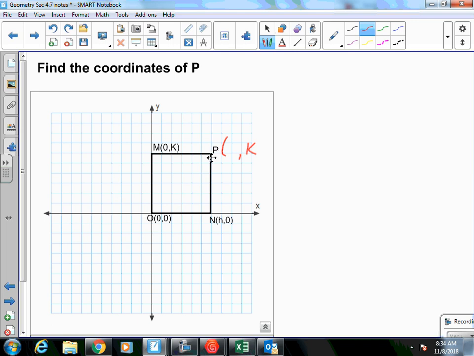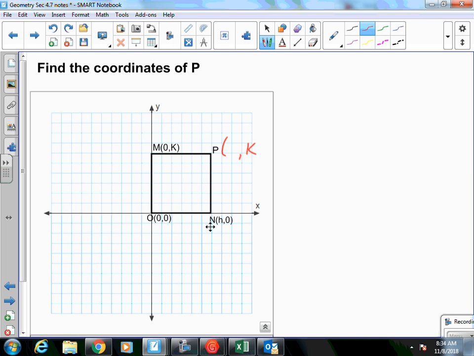Likewise, P and N are on the same vertical line. And that vertical line has the exact same X coordinate. Wherever you are on that vertical line, the X coordinate's the same.